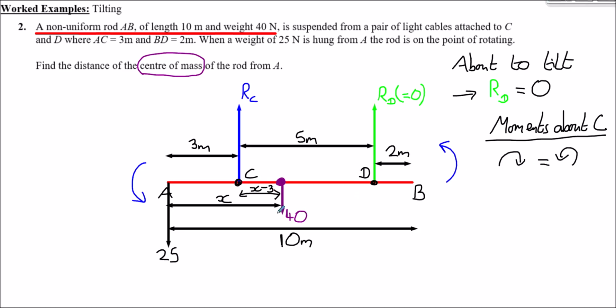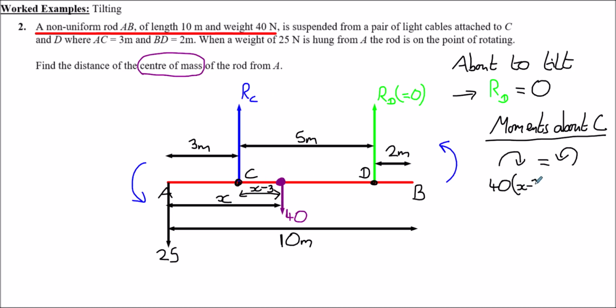So we can use that to our advantage and plug it into our calculations. Based on that, the moment due to the weight of the beam, the rod, from C is going to be the size of its weight, which is 40, multiplied by the distance of this 40 Newton force from C, which we just calculated relative to x and 3 is just x minus 3.